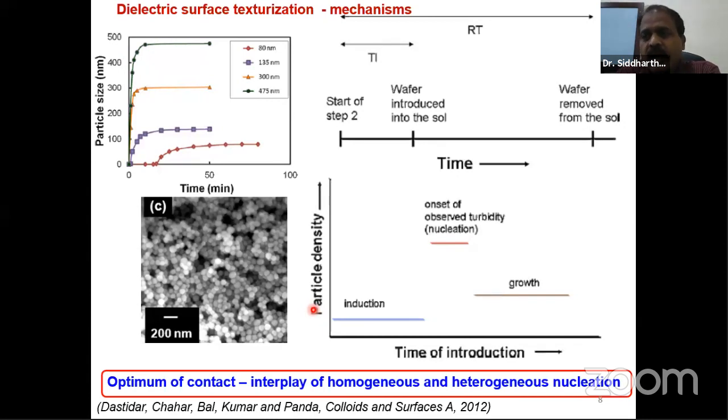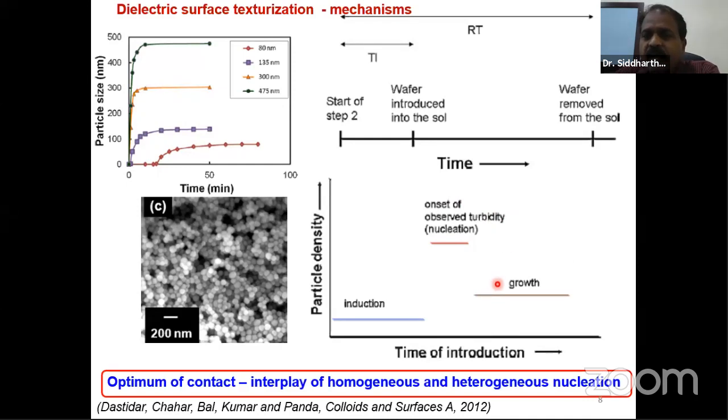because as we see later, a higher density of particles will give us an enhanced sensitivity. The particle density depends on the time of introduction, and the time of introduction depends on the mechanism of the growth process of the particle. The growth of particles typically passes through three phases: the induction phase, then the nucleation phase, and finally the growth phase.